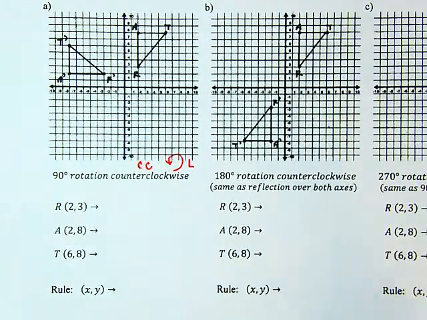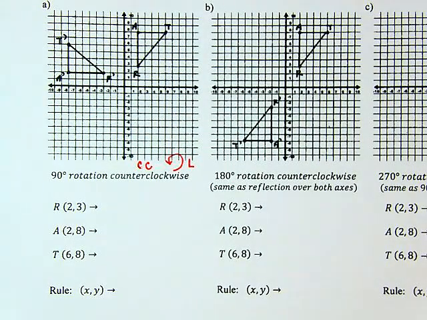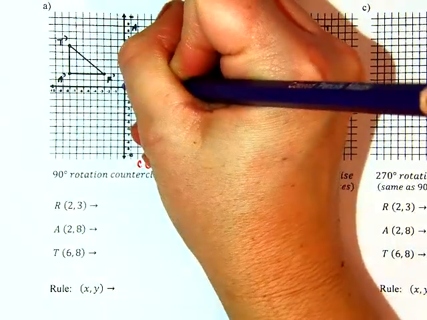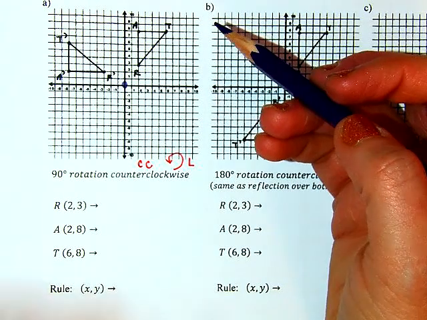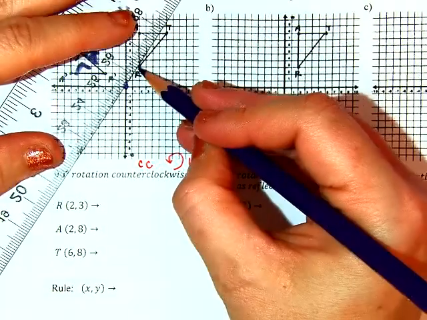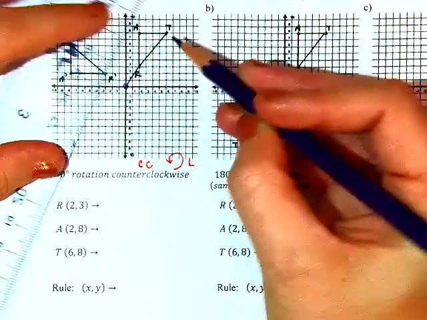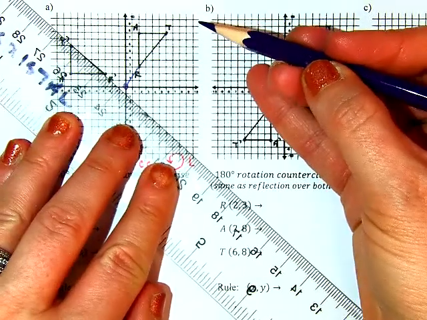So one thing that I just want to remind you of is if I look at my center of rotation, the origin. So if I look at one of the 3 points, it could be any of them. Let's say we look at the R's. So here and here.